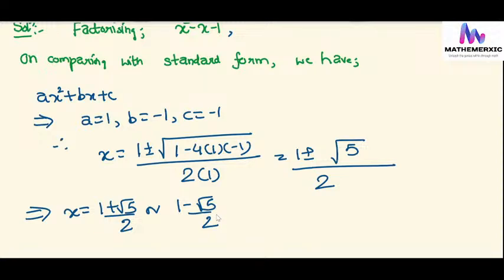So on the number line, basically we will have 2 points. Now we have to define whether it is 1 plus root 5 by 2 and 1 minus root 5 by 2. Okay.